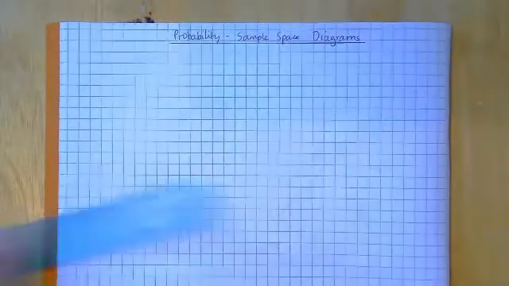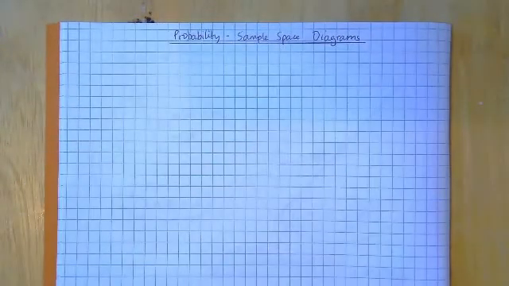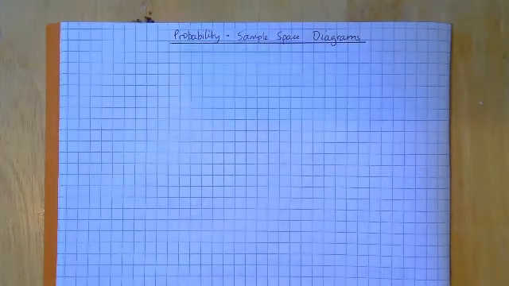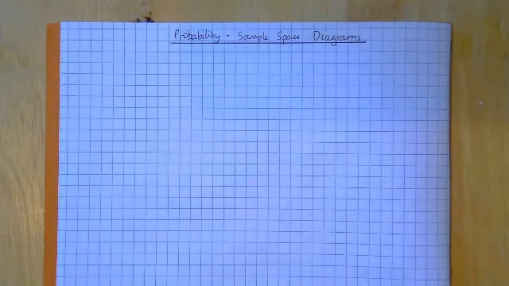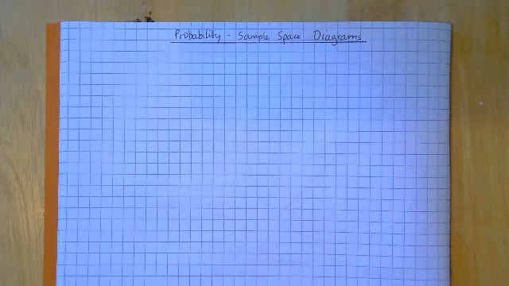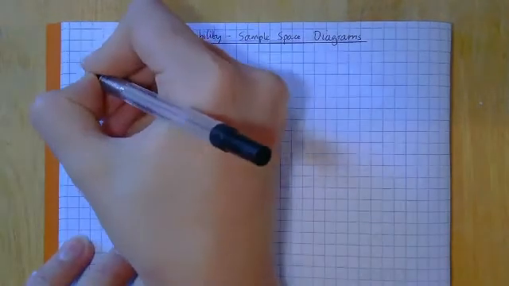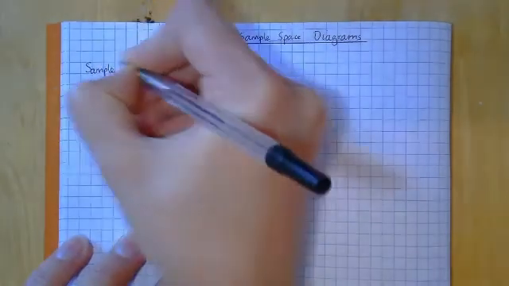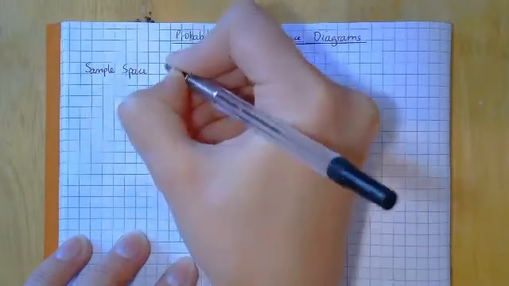Okay, so we'll start. This is the only definition we'll have to write today. A sample space diagram basically helps us. So it might be that you're rolling a dice and tossing a coin, and you want a systematic way of writing down everything that could happen. So it's like a table that we can fill in to show all the possible outcomes. So let's quickly write that down, just because I don't think the name is obvious.